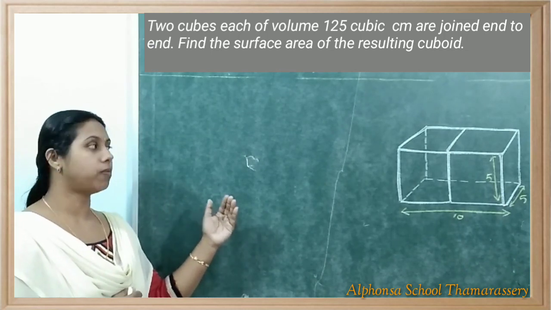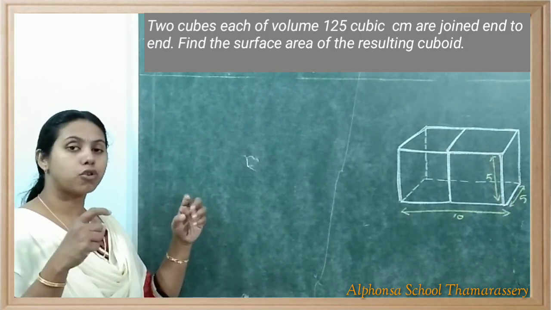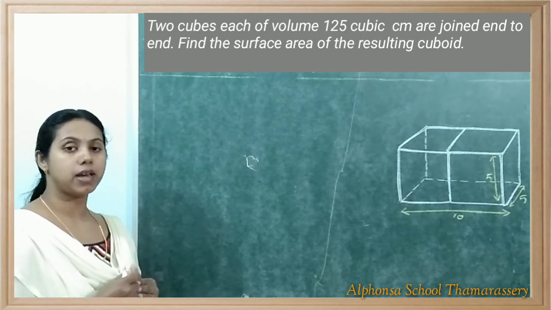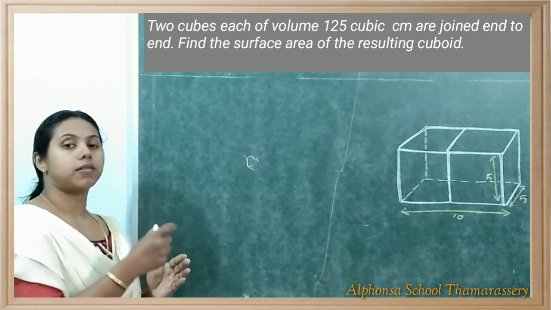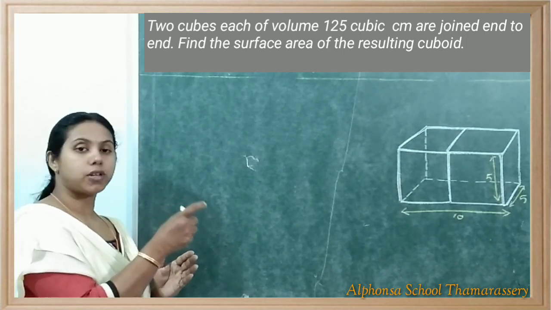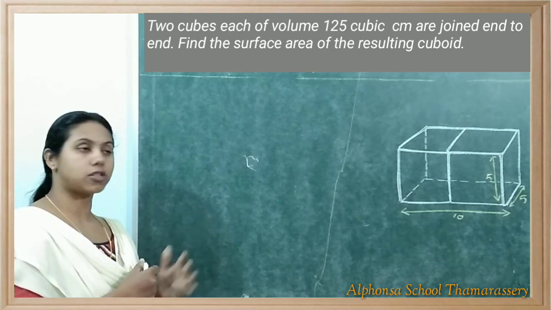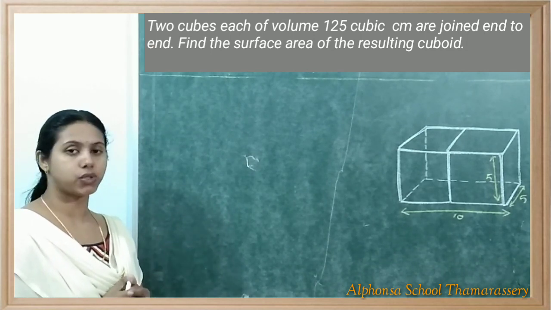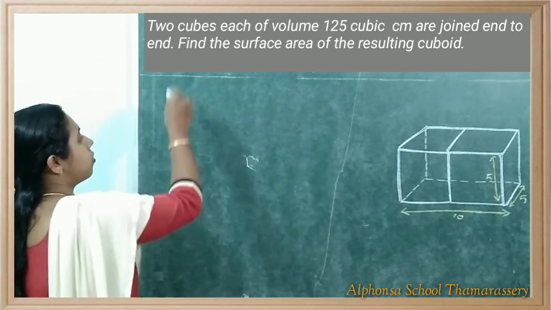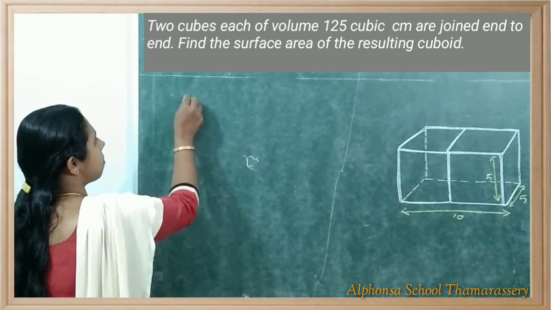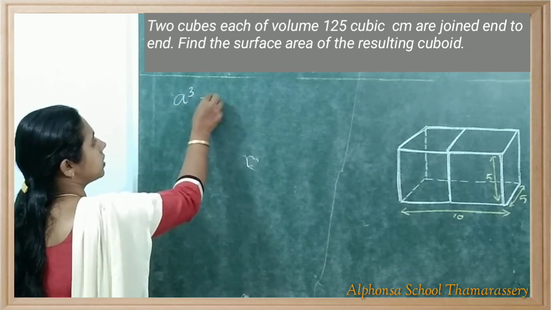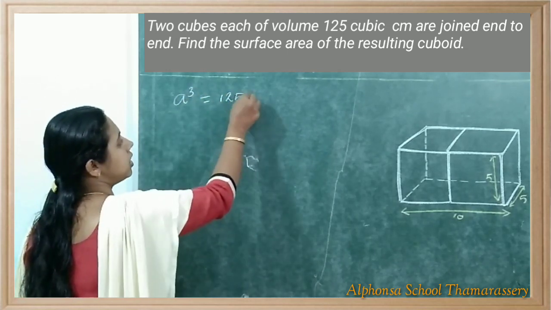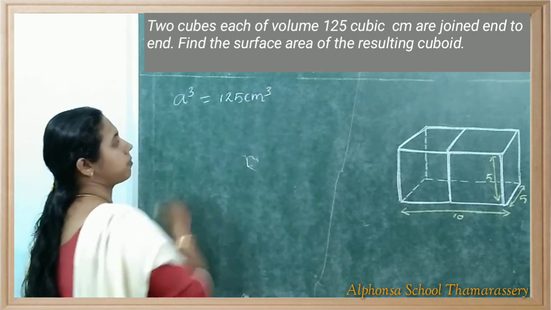We know these two cubes are joining together, so the length of the cuboid will be the sum of the sides of these two cubes. And breadth and height, there won't be any changes. So let's see the volume of cube. We know that volume of cube is equal to a cube, that is given as 125 centimeter cube.